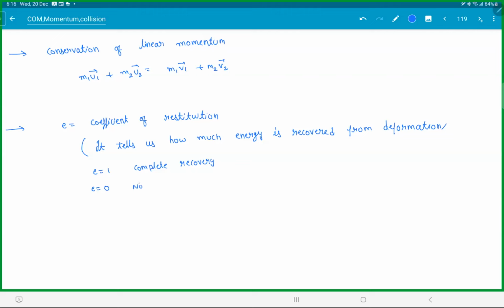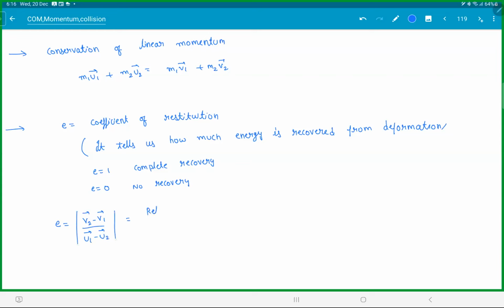E is equal to 0 implies there is no recovery. So this E is given by the modulus of V2 bar minus V1 bar by U1 bar minus U2 bar.